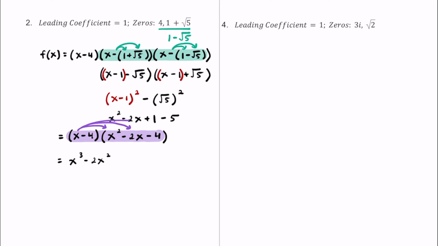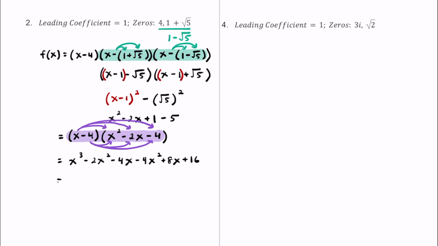Then this x multiplied by negative 4 is going to be negative 4x. Okay. Following that, we have this negative 4 times x squared. That's going to be negative 4x squared. Then negative 4 multiplied by negative 2x is going to be a positive 8x. And then finally, this negative 4 multiplied by negative 4, that's going to be a positive 16.